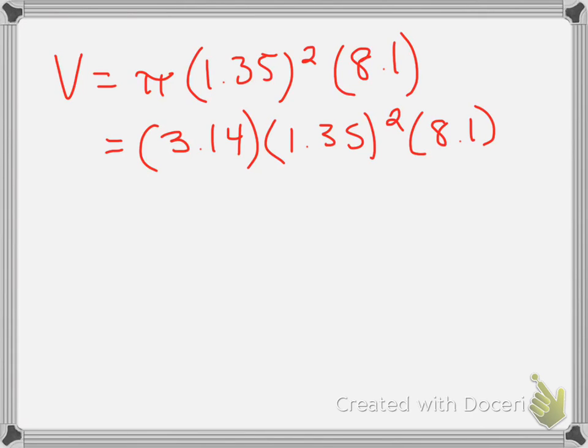So 3.14 times 1.35 squared times 8.1 is going to end up being 46.35.